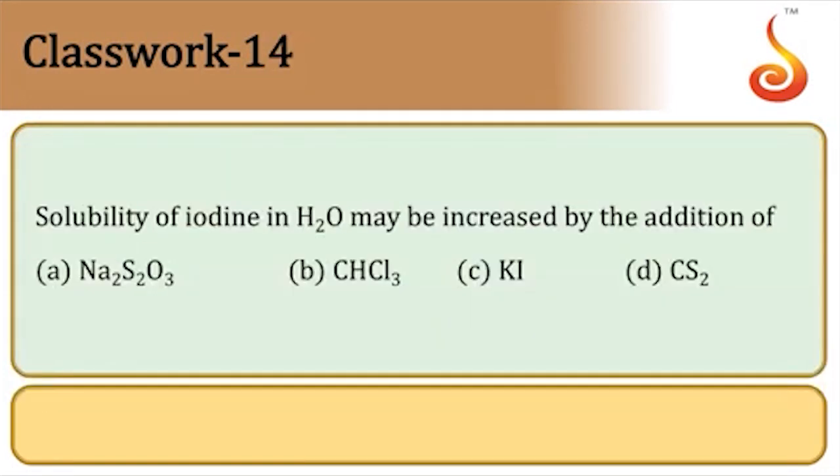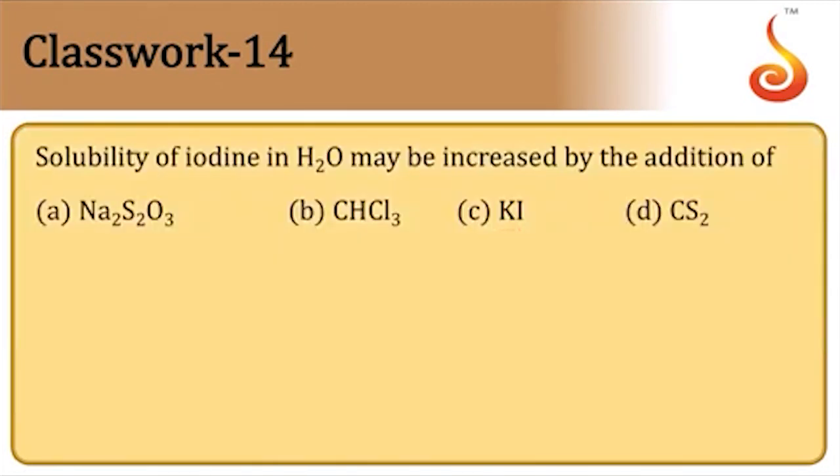Then, the solubility of iodine in H2O may be increased by the addition of what? Iodine is soluble in potassium iodide. It forms KI3. Therefore, the solubility will increase in KI solution.